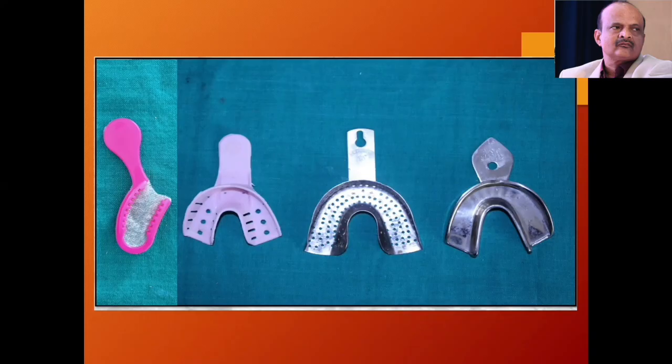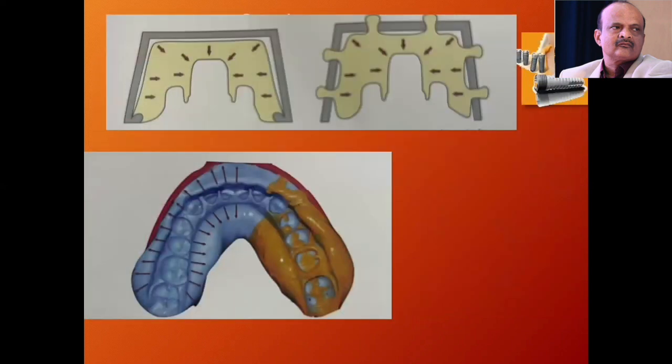The triple tray is another type of impression tray. There are segmental impression trays, which we can use for check impressions. If we use a plastic tray, the plastic tray may flex during insertion, and when you withdraw it from the mouth, it may deflex. That will cause dimensional distortion.